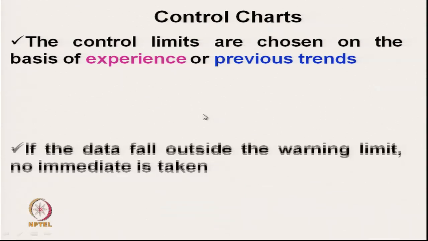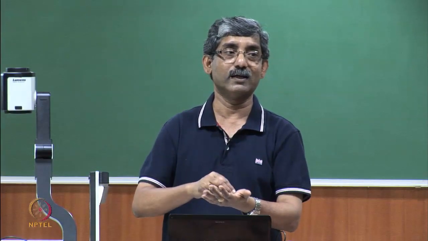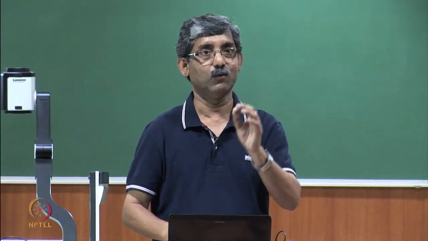If the data fall outside the warning limit, we should not take immediate action. Immediate action is not required, because then there will be a large number of data. In that case, one only has to be warned, okay, you take proper action. For example, for yarn count variation, whatever the back process requirement, one can give a warning.